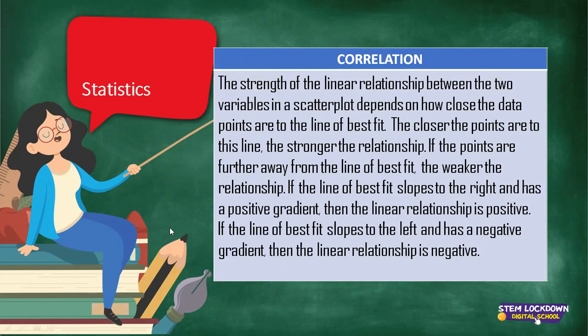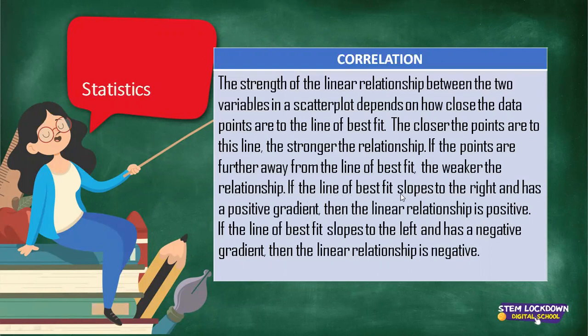So you have to decide which variable depends on which, to know which is plotted on which axis. To know the strength of the relationship between the dependent and independent variable, we check how scattered the points are around the line of best fit.